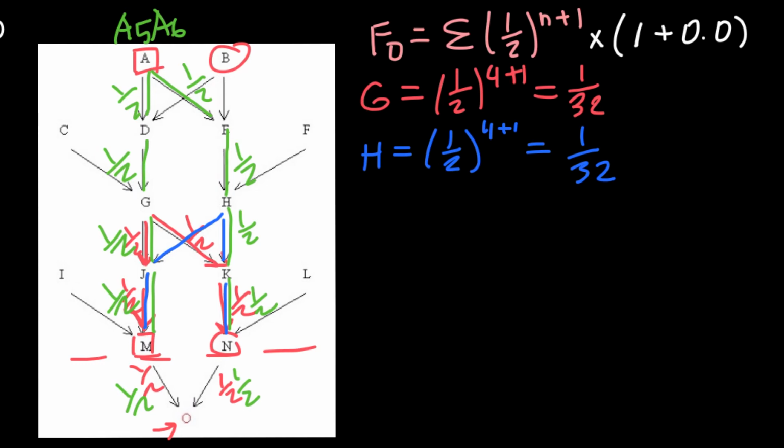For individual A, our calculation would be 1/2 to the power of 8 plus 1, and we get 1 over 512. But this is not the only way the same allele can be passed through the direct ancestors of individual O.